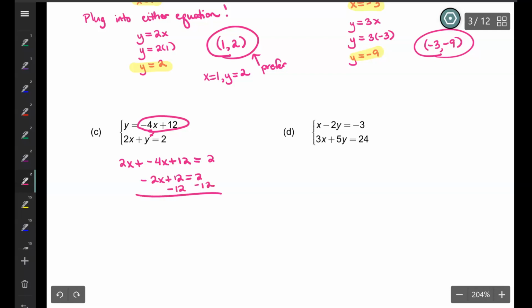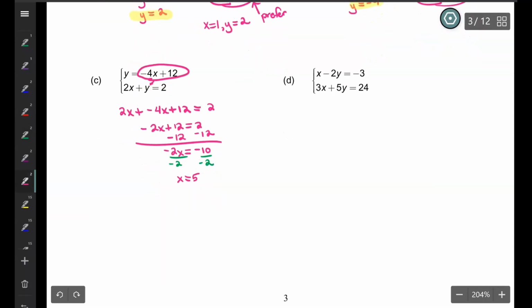I'm going to subtract 12 from both sides. So 2 minus 12, that's going to give us -10. And when we divide both sides by -2, I get x equals 5. Okay, now I'm going to use that first equation, y equals -4x plus 12, and I'm going to replace the x with 5.